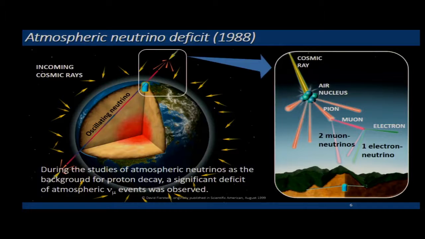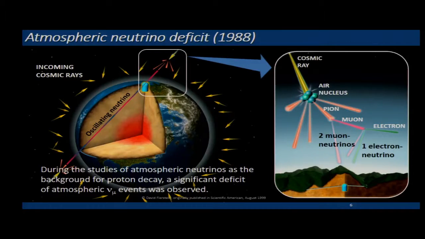However, soon after the experiment began, we realized that there's no evidence for proton decay. Instead, we observed neutrinos produced in the atmosphere. Well, you may know there are cosmic rays coming into the Earth from somewhere.